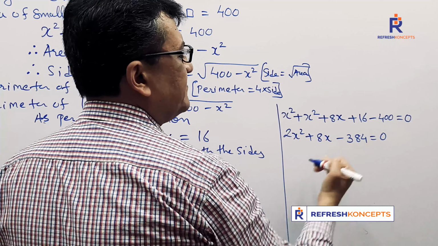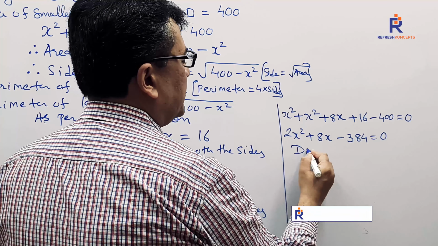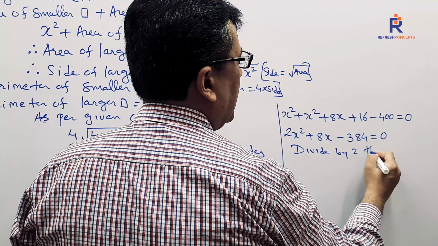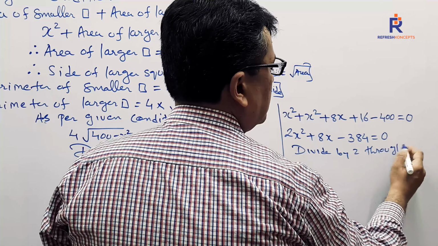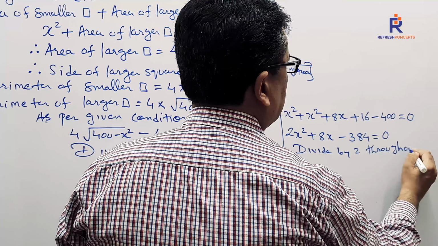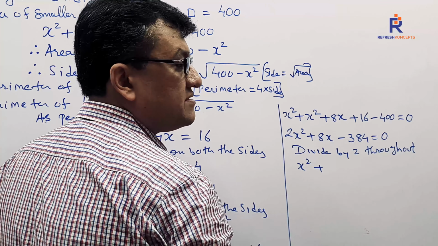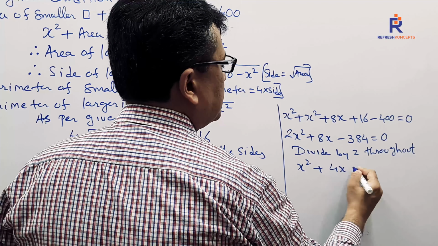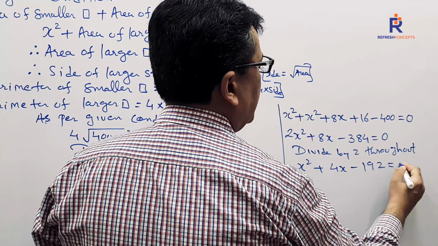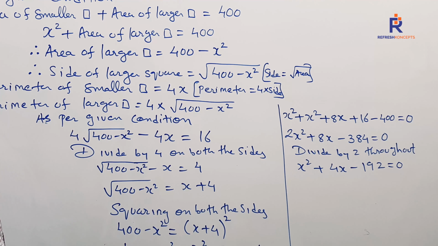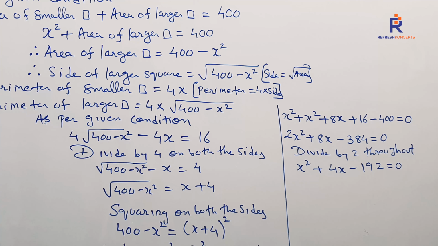Children, once again it is getting divisible by 2. So divide by 2 throughout. So what will I get? x square plus 4x minus 192 equals 0.